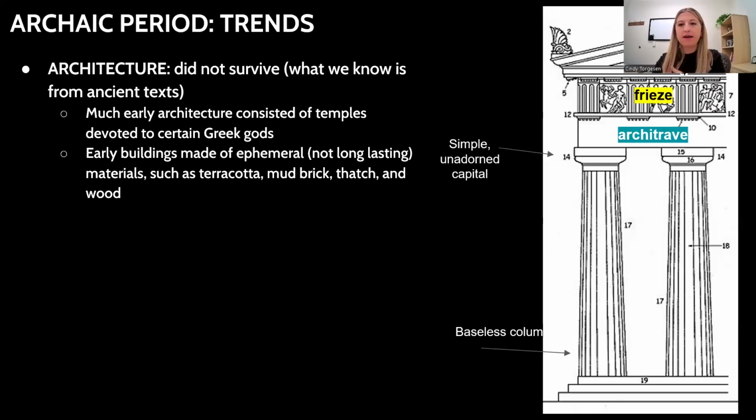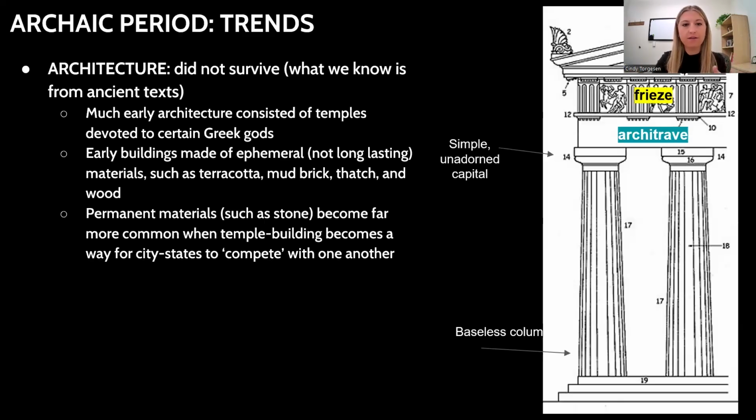So it's not going to stand the test of time. Whereas later, when more marble and stone becomes incorporated, that is able to last for a really long time. So that's why we have more of that surviving. Yeah, exactly. So permanent materials like stone become more common later.